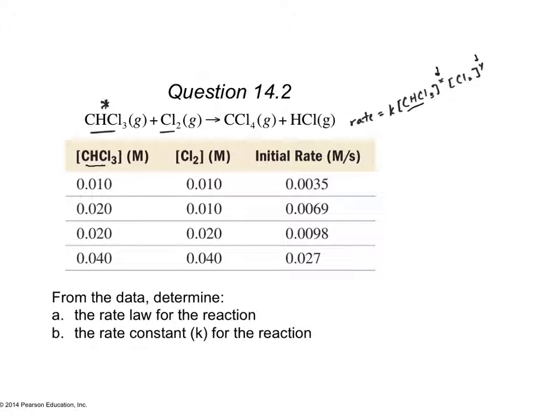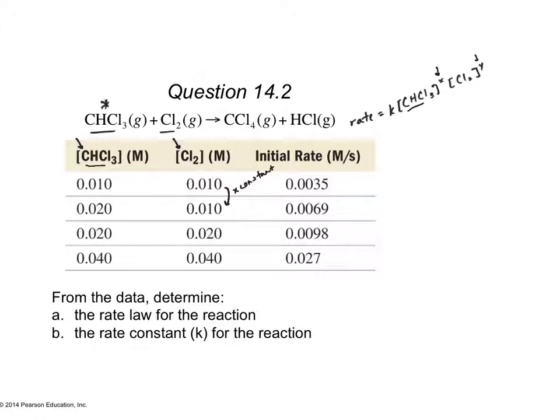I'm looking for the effect of changing the concentration of this one. To make sure that I don't introduce any effect from the other reactant, I have to find 2 experiments where I hold it constant.